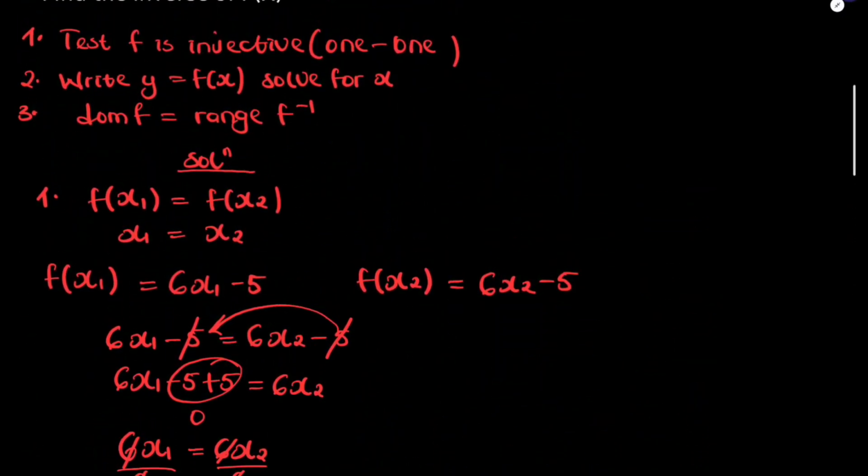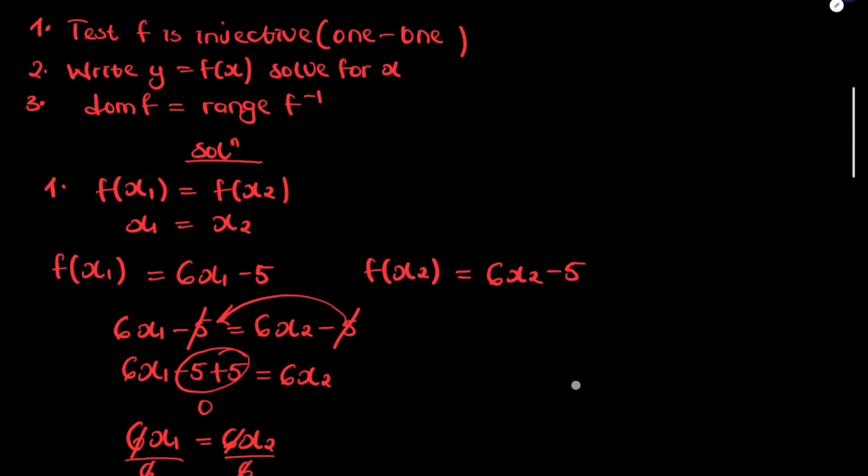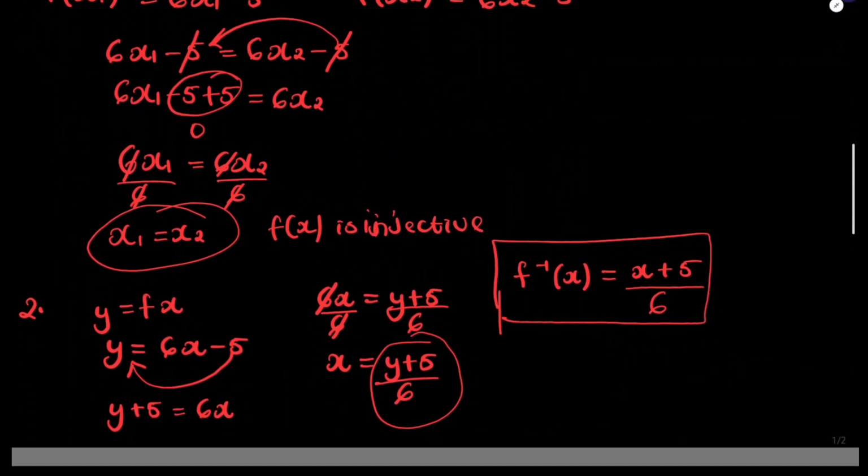And the third step says the domain of f should be equal to the range of f inverse of x. From here, what is the domain of f? f of x is simply 6x minus 5.